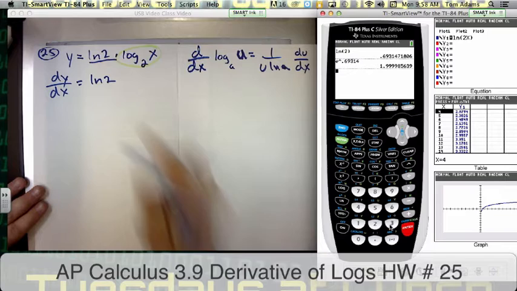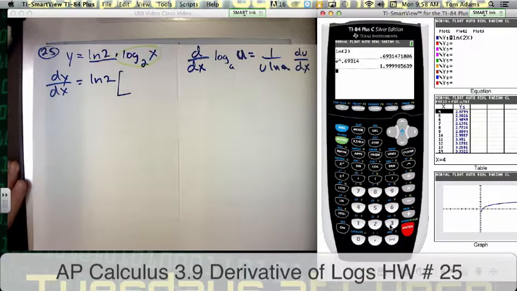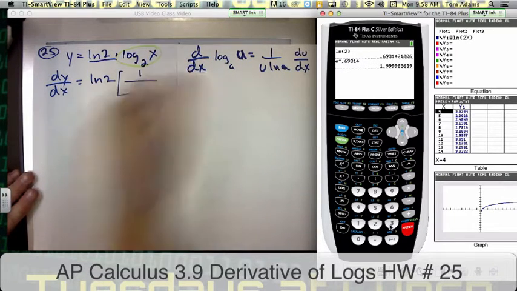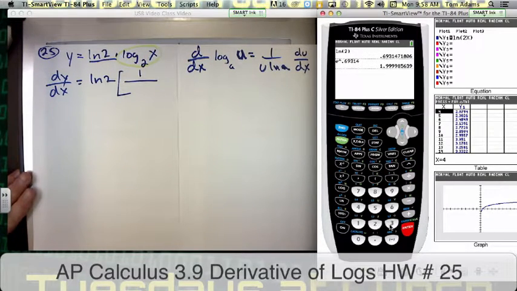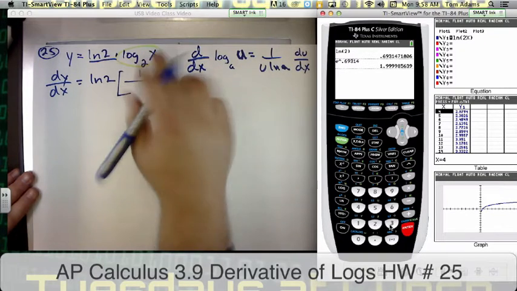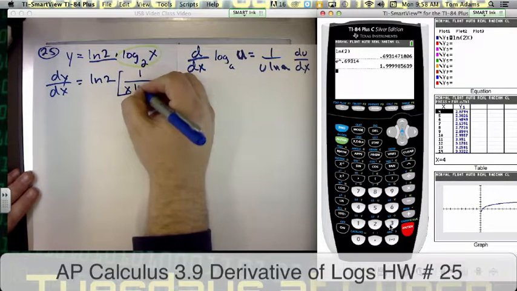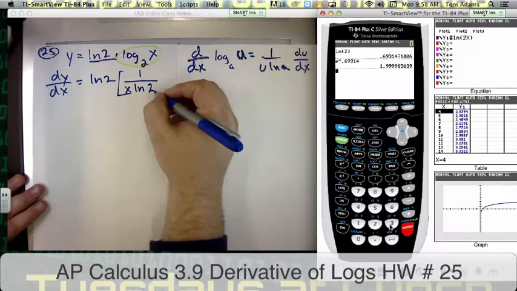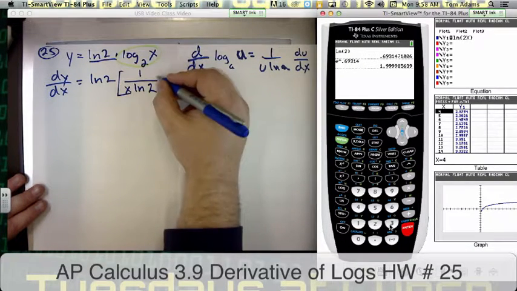So I'm just going to plug and chug that into here, and so I've got 1 over u, which is the stuff, which is x in this case, times the natural log of the base, which is a, which is 2, and then the derivative of x is just 1.